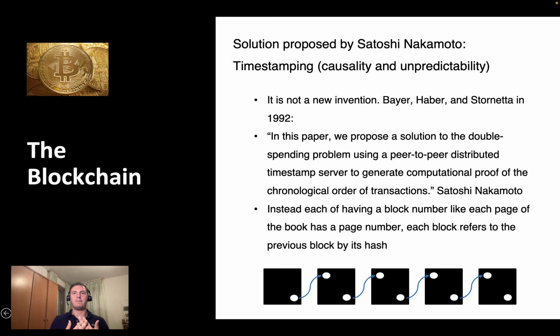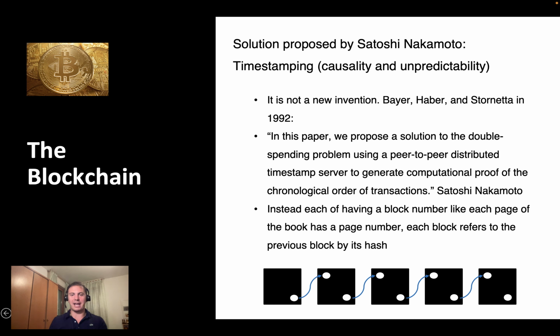And instead of having a block number, like each page of the book has a page number, each block refers to the previous block by its hash. Therefore, it's not possible to create a new block without knowing the hash of the previous block. In this way, Satoshi Nakamoto brilliantly found a solution to recreate time in a decentralized world.